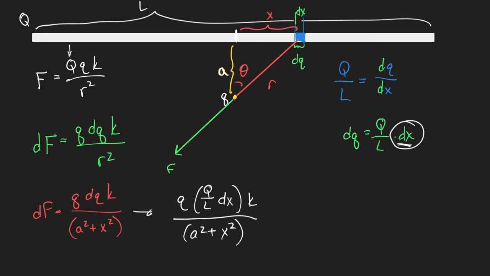Meaning one of the two things I'm trying to substitute in here is to remove dq and write the size of the charge in terms of the geometry of the object. So I'm doing two things at once in this step. I'm identifying where the particle is, where the piece of charge is.